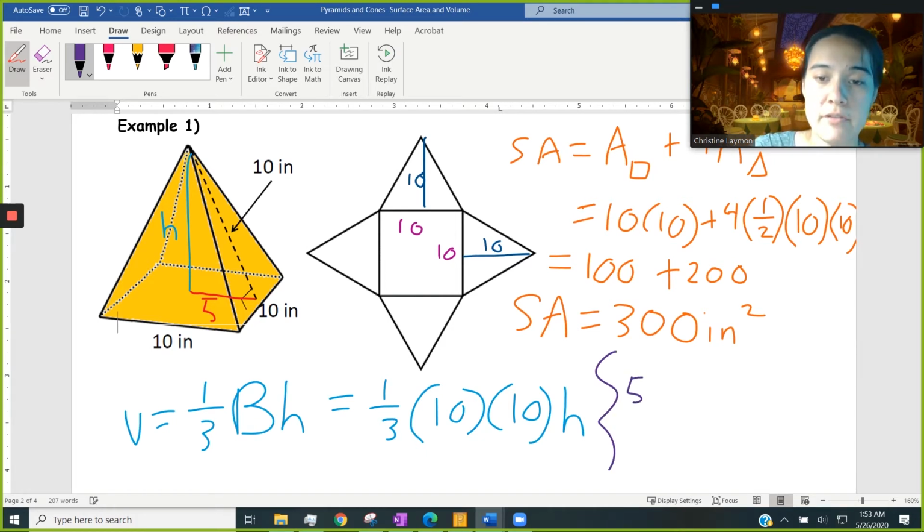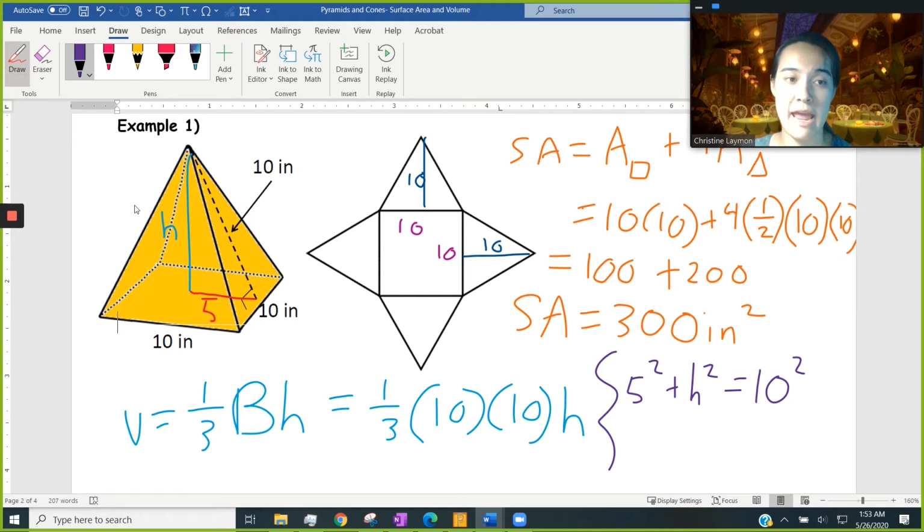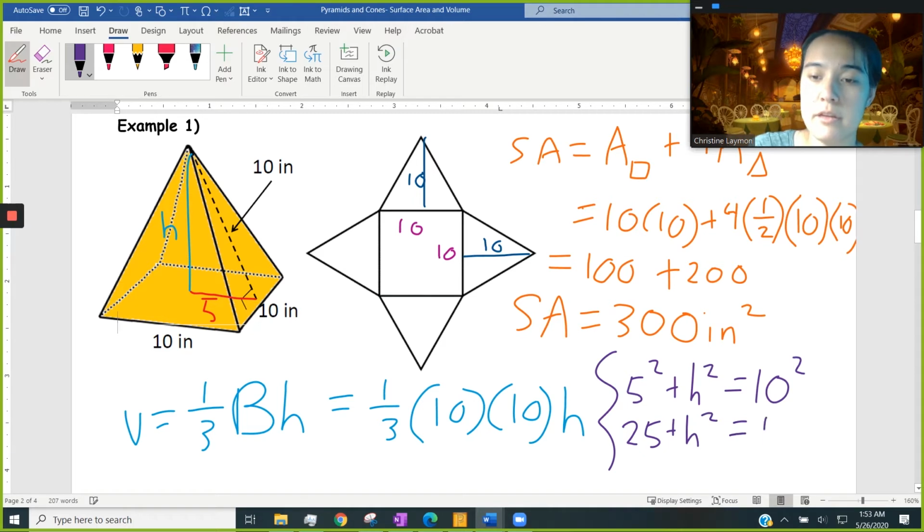What I have is 5 squared plus h squared equals 10 squared. Again, these are A and B, and that's C in the Pythagorean theorem. So I have 25 plus h squared equals 100.